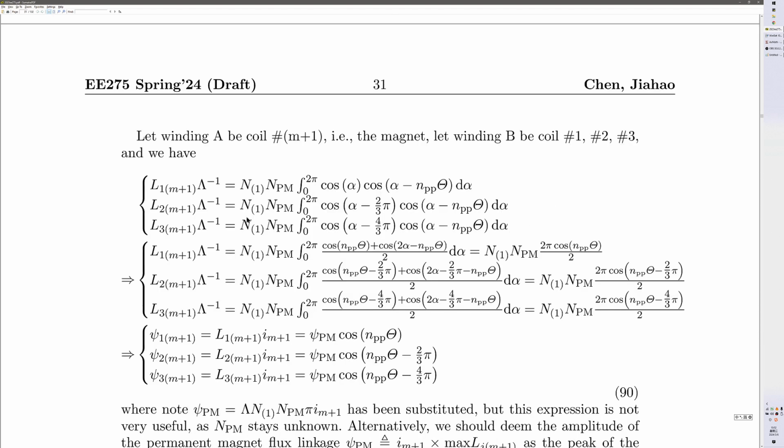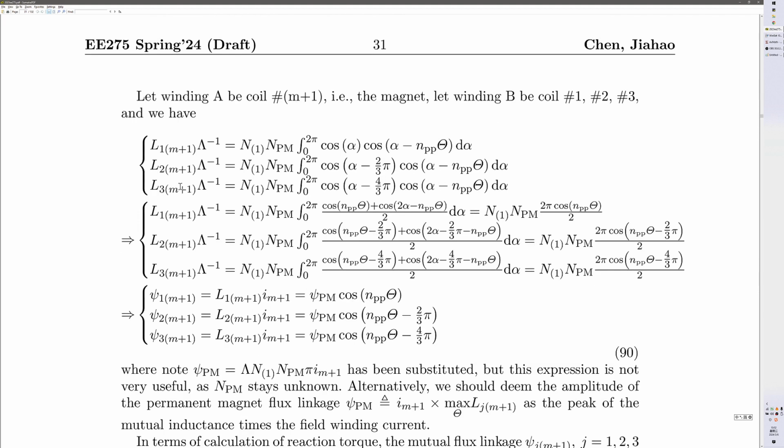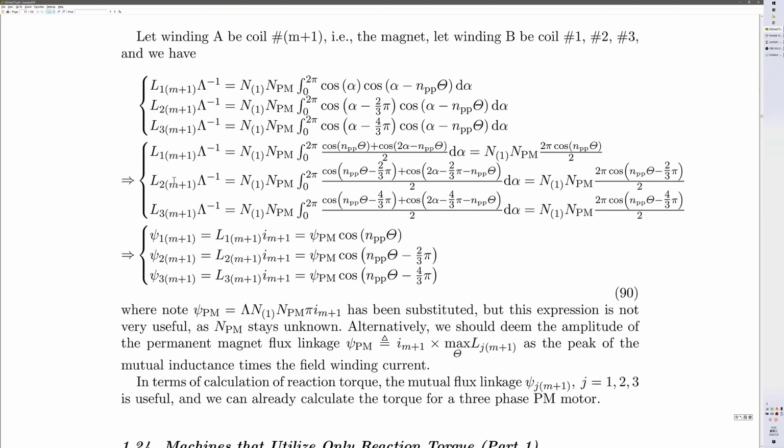Okay, finally, we are now ready to derive all of this mutual inductance between different phases and the PM. And here's the result. Basically, the flux linkage of circuits 1, 2, 3 due to PM is equal to some sinusoidal functions.